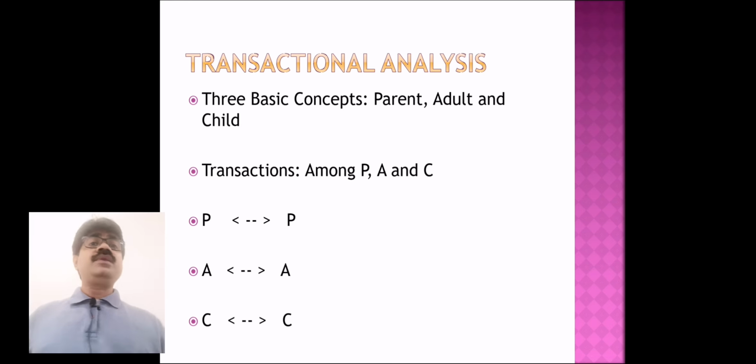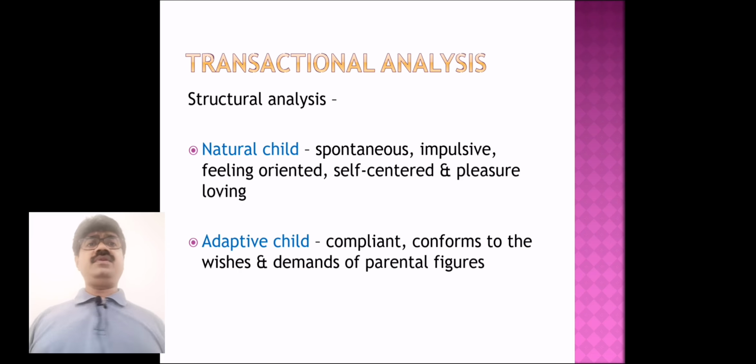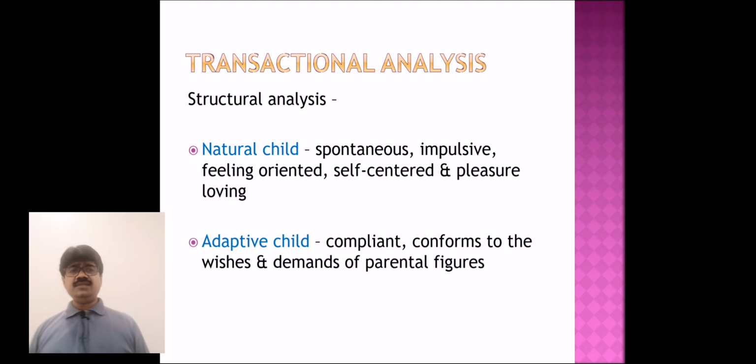Now we'll look at the 3 basic concepts: the parent, adult, and child. Everyone has this PAC in them: the parent, the adult, and the child. So let's see how these transactions happen. That is a structural analysis.